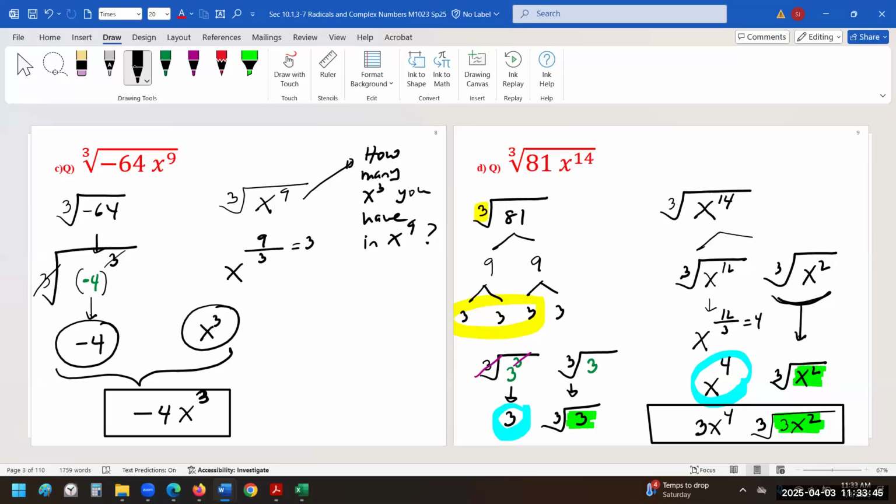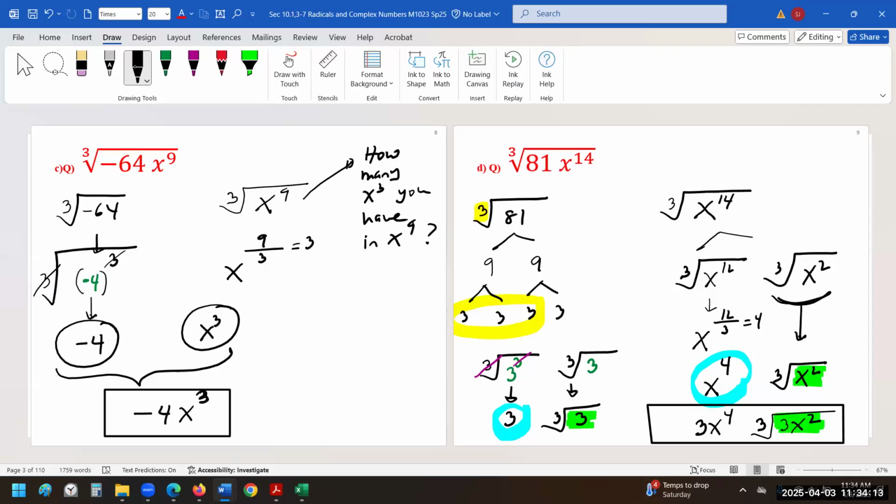We see 2 9s inside 81, right? 9 times 9. But we're looking for the same number 3 times, not twice. So we split them more. 9 is 3 times 3, another 9 is 3 times 3. And now we cannot split them anymore because these are 4 numbers. Now once you reach your prime numbers, you observe and see, do you see the same number 3 times? We see 1, 2, 3, 3 times.